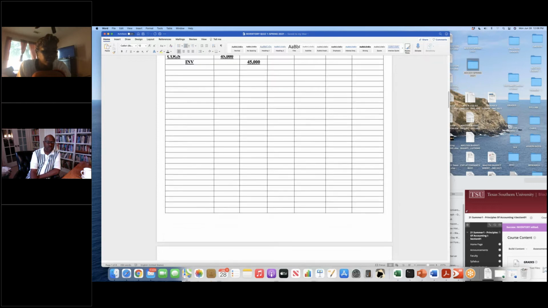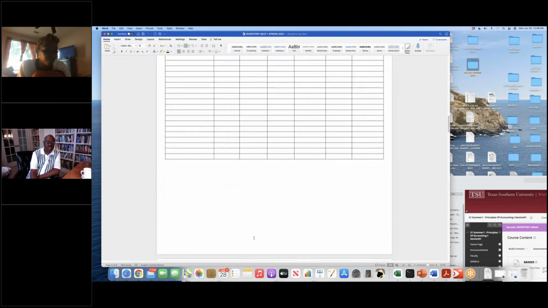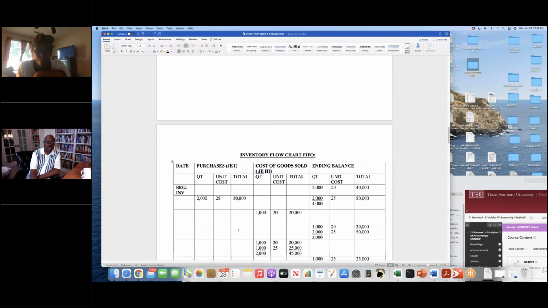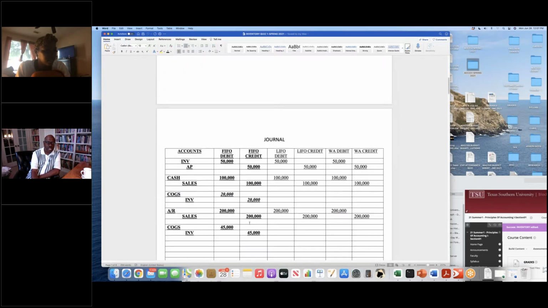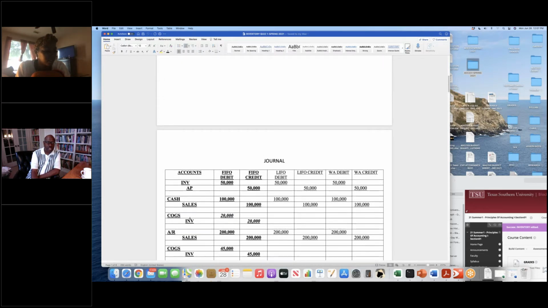Then when we go to the inventory flow chart, we simply pulled out 1,000 at the $20 cost. So our cost is what? $20,000. And so you should have had a cost where you debit the cost and credit the inventory for 20,000. And you should have posted that 20,000. So you would have posted the sales of 100 and the COGS of 20.